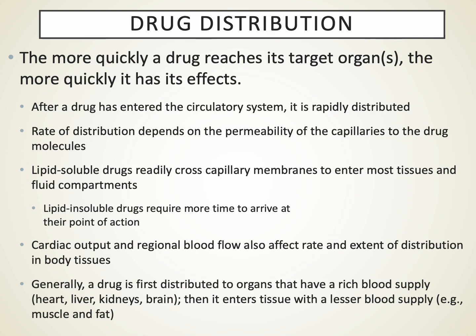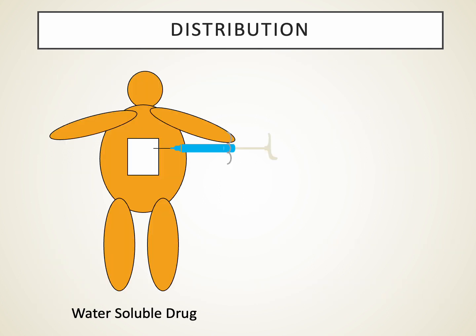The more quickly a drug reaches its target organ, the more quickly it has an effect. So drug distribution is a rate-limiting step once the drug enters circulation before we begin to see the physiologic properties. Generally, though, the fat-soluble drugs cross membranes easily and are well distributed, whereas the water-soluble drugs are not, where the fat-soluble drugs are distributed readily to a lot of various tissues.